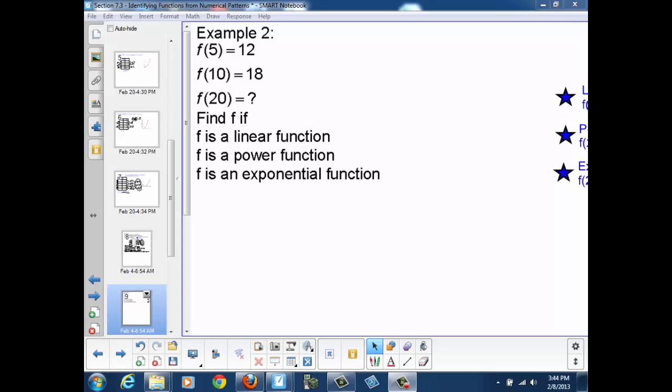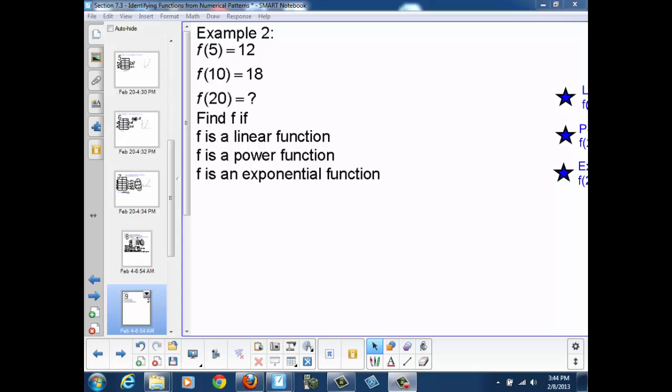Here's another way we can apply the information that we've gained by establishing these patterns. If I'm given two data points and I know what type of function I'm working with, I can predict or establish new data points.